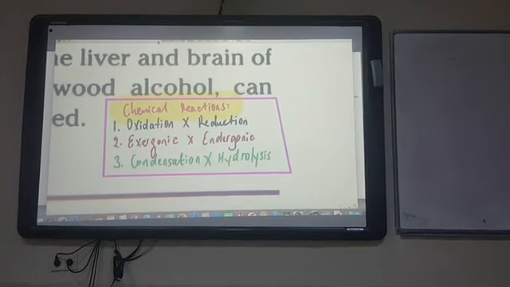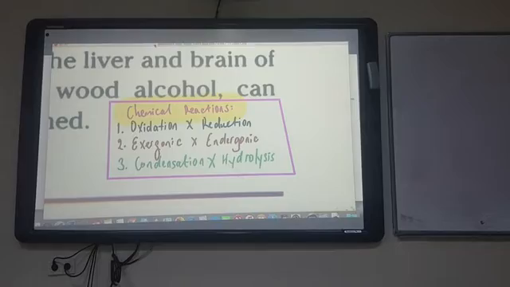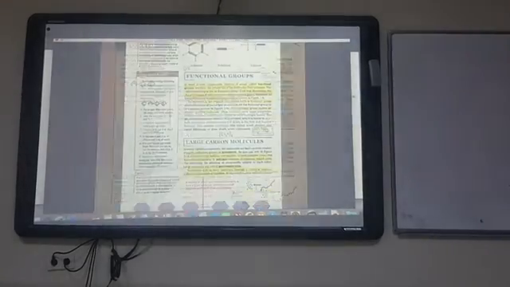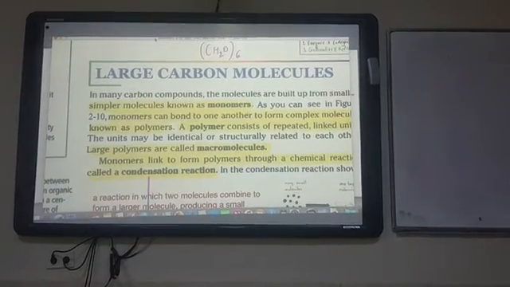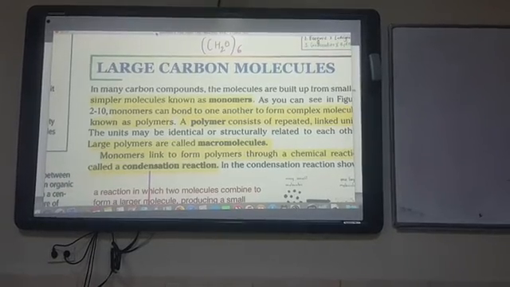Again, we classified chemical reactions: oxidation reaction, exergonic, endergonic, condensation, and hydrolysis. Here there are some new terms. Monomer, simple basic molecules. Polymer, monomers combine to form polymers.